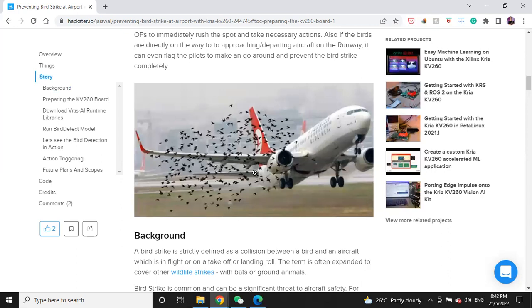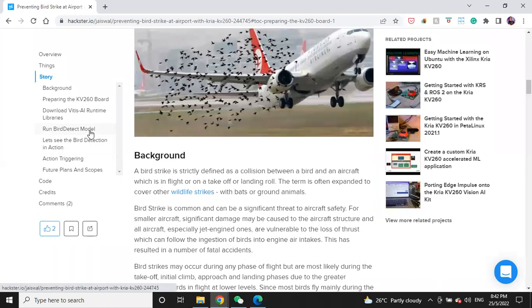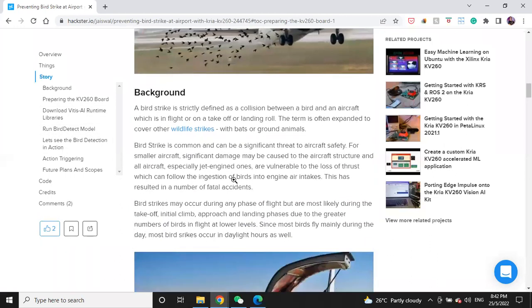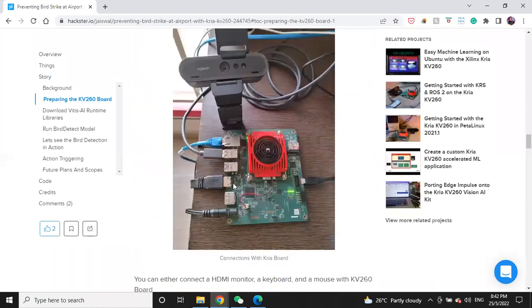These are very busy airports. Every minute there is a landing or takeoff going on. So this is the background of why I built this project. I got this idea as I'm always looking to solve real-world problems. That's why I built this project.